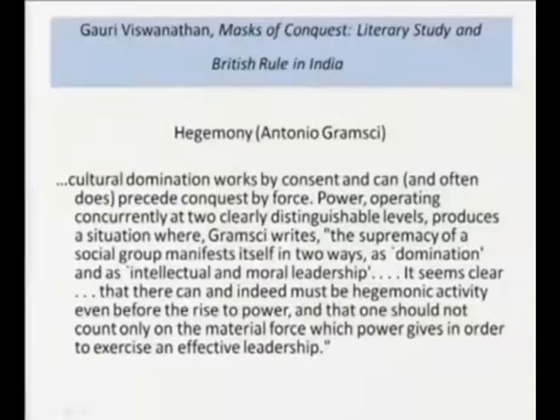And I am now going to quickly read from Masks of Conquest, and the theoretical impetus comes from the concept of hegemony that was given to us by the Italian Marxist scholar Antonio Gramsci. Okay.